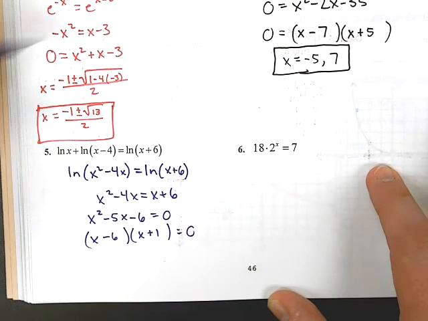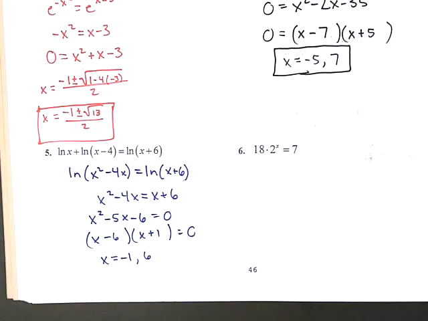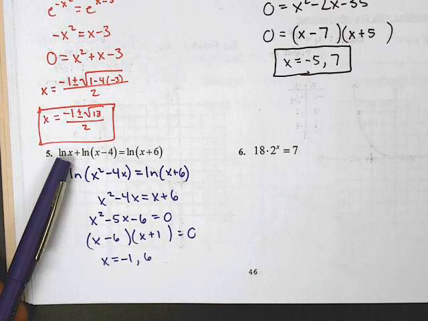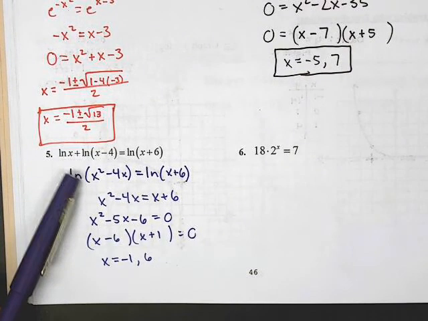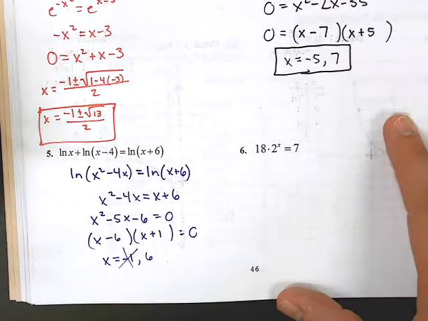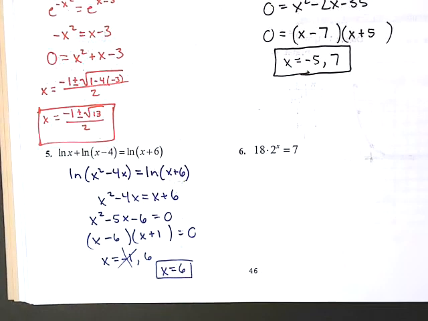Perfect. And so now I know that x should be negative 1 or 6. Please make sure to check for extraneous solutions. Right off the bat, I see this ln of x. So that means that I cannot have any negatives in my solution, which means negative 1 is out. And my only answer is x equals 6.